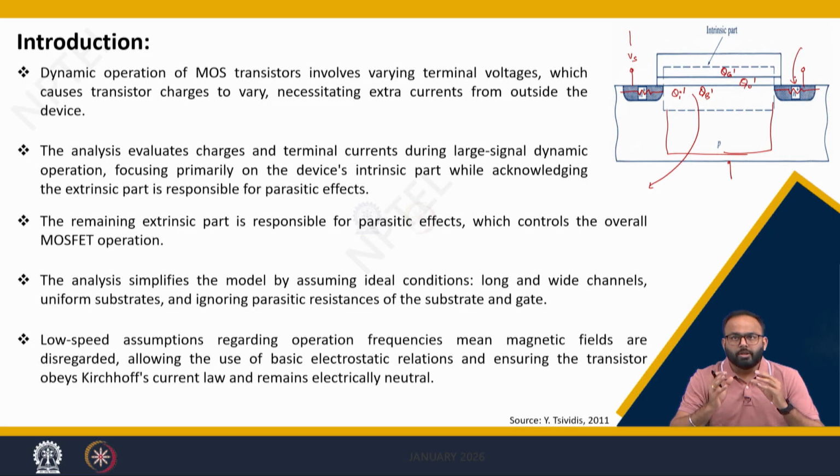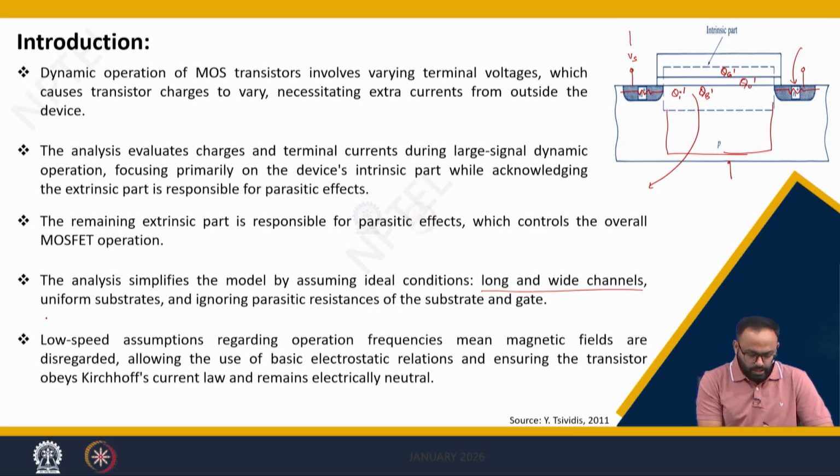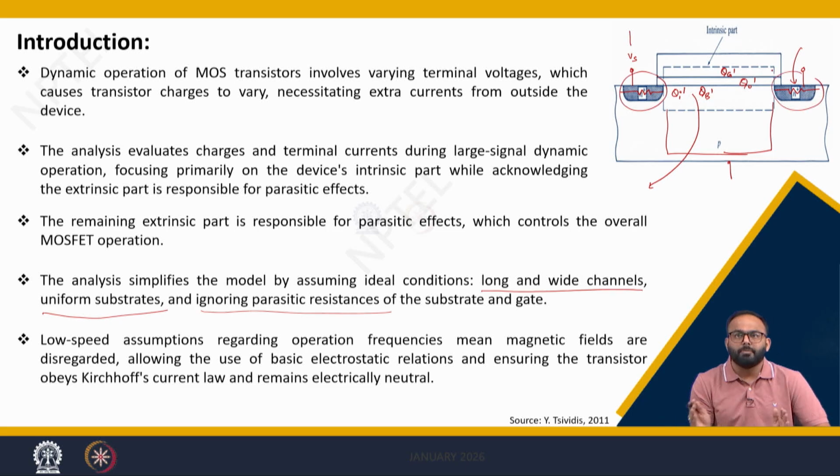Now, to do this analysis, we are going with some simplifying assumptions. One is, at this stage we are considering the channel length and width to be long, meaning there are no short channel effects. The substrate is uniform, and as I mentioned, we will ignore the parasitic resistances, meaning the resistances or capacitances from the external part outside these dotted areas.